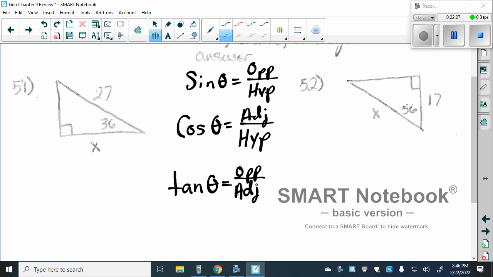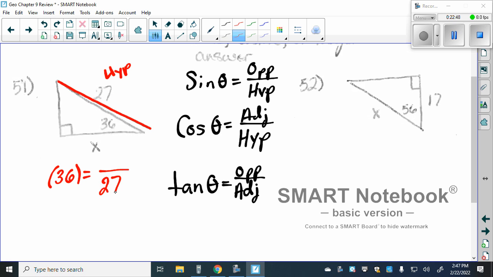Now looking at the first problem here, 51, well the angle they gave us is 36. So we need to determine if we're using sine, cosine, or tangent. Cosine. One of the reasons we know cosine is because 27 is the hypotenuse.